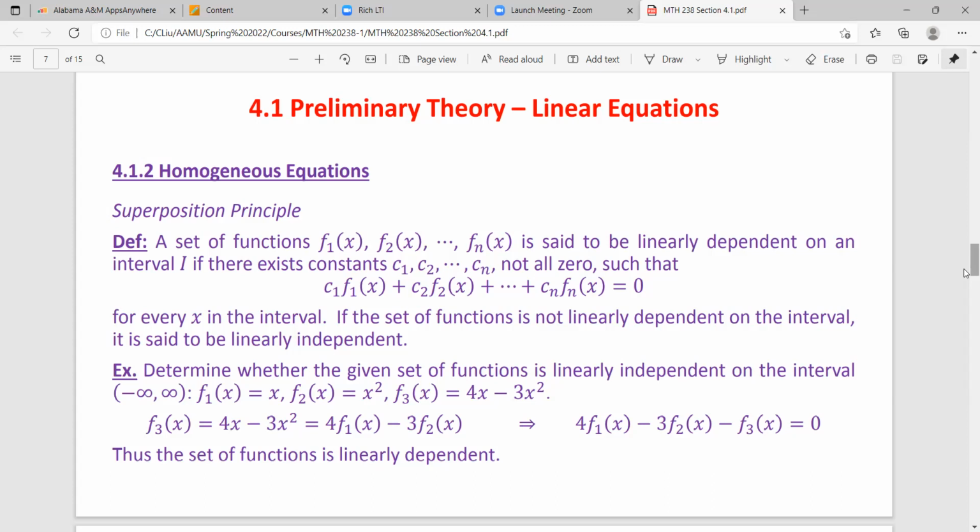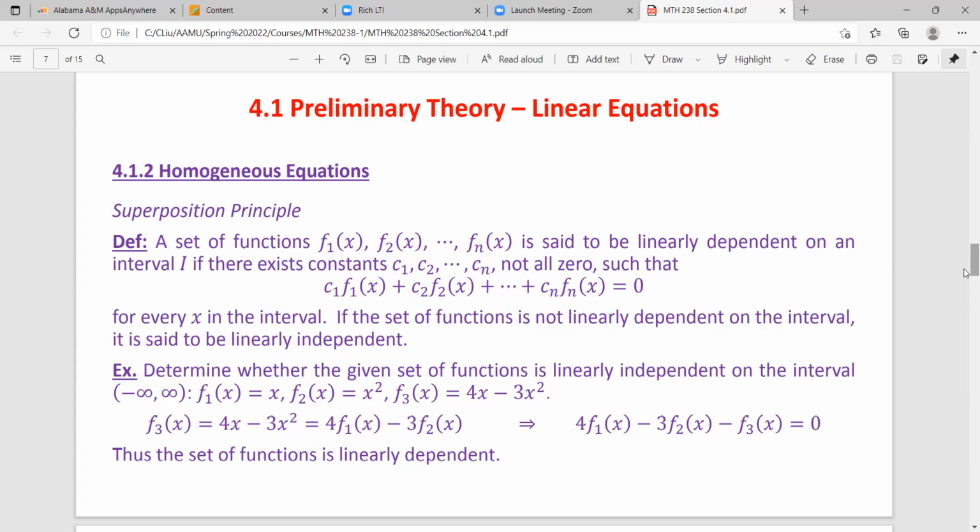So you're given those functions and you try to find some constants so that this equation holds. Then we say those n functions are linearly dependent.